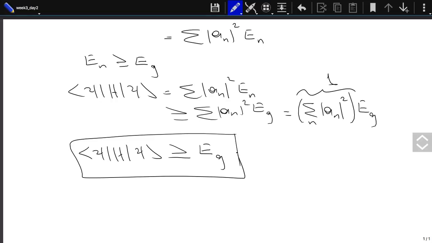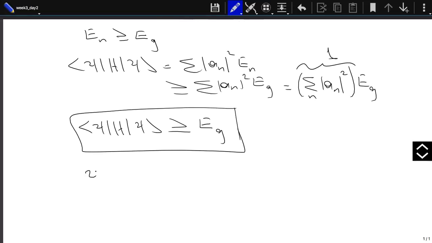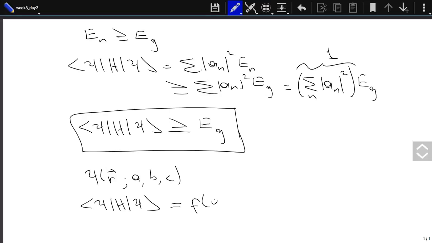Now, how to choose this psi? Well, it's arbitrary. You can choose whatever you want, and you can put some parameters in psi of r. It might depend on certain parameters, let's call them A, B, C. In that case, this matrix element will be a function of these parameters, and you can look at the minimum of this function with respect to these parameters.